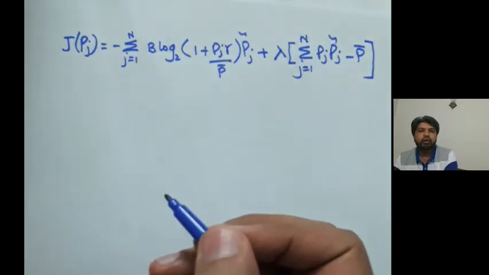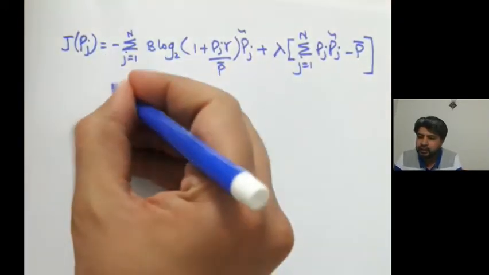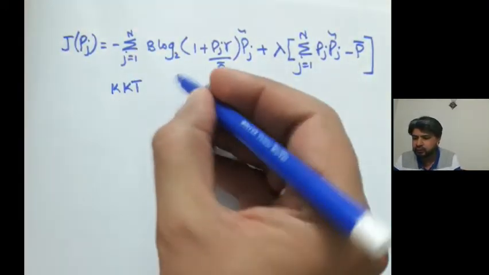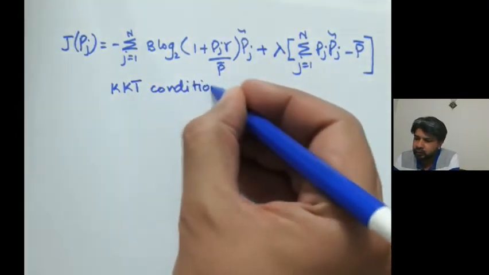So in order to solve this primal dual optimization problem, the necessary and sufficient conditions are what are called the KKT conditions, to be observed.